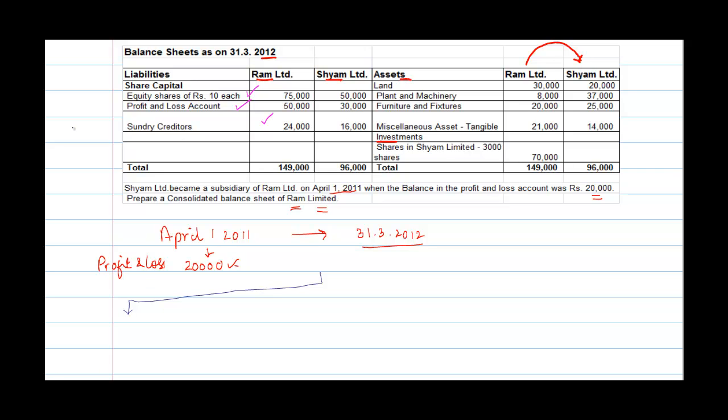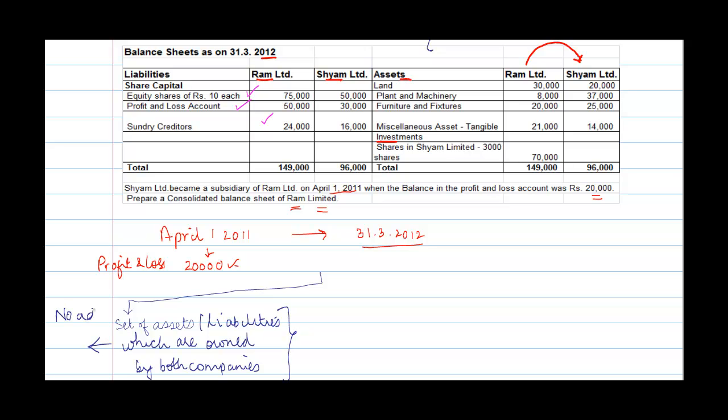The first aspect is that there is a set of assets and liabilities which are owned by both the companies, and on which there is no adjustment required.